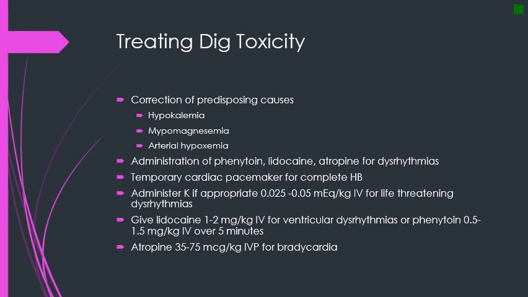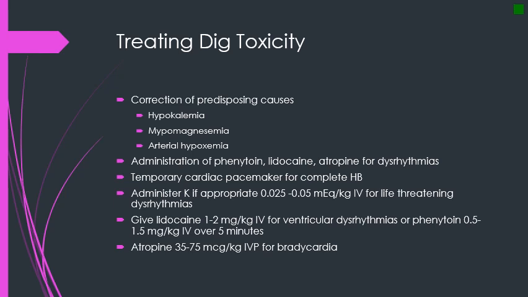You need to administer potassium to replace those patients who are hypokalemic. You might end up giving 0.025 to 0.05 milliequivalents per kilo for life-threatening dysrhythmias, given IV over about 20 minutes. You can give lidocaine 1 to 2 milligrams per kilogram for your ventricular dysrhythmias. You can also give 0.5 to 1.5 milligrams per kilogram of dilantin IV over 5 minutes for those dysrhythmias as well.